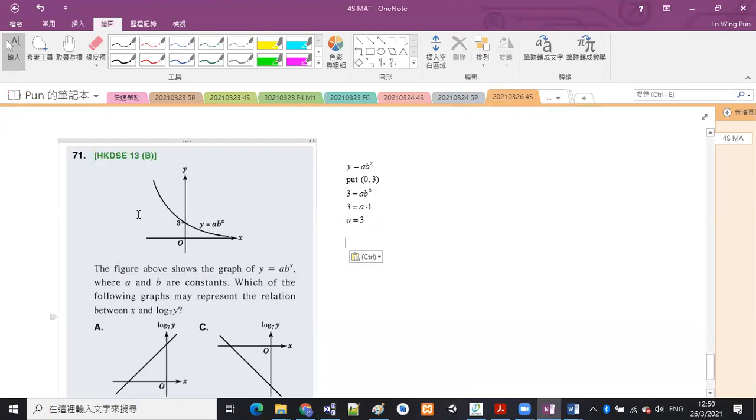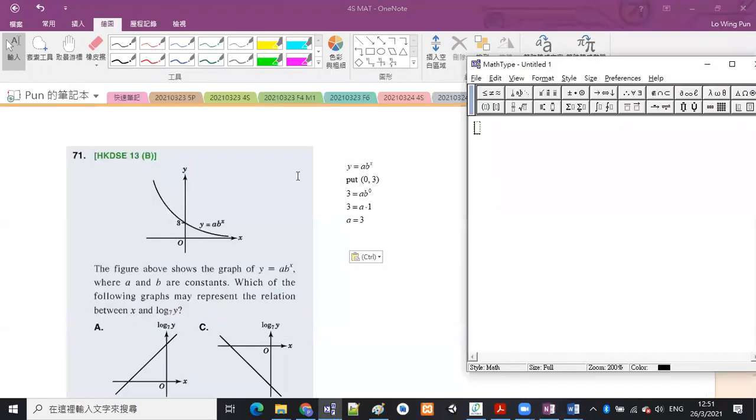Okay, and then this is the type of exponential function, the abnormal case, which means that the b should be between 0 and 1.